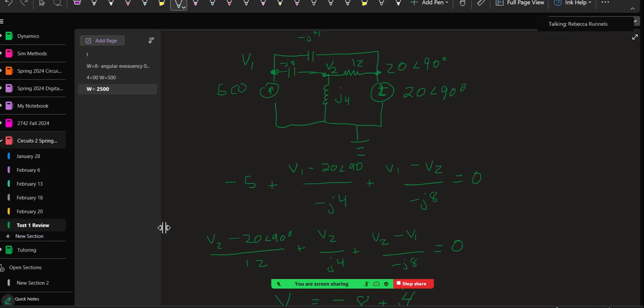Yeah, the current from the current source is going to be involved with the node that the current is going into. But you're not going to apply it to other nodes. I mean, if you know what the current is on any branch, you can use it, but we don't know the current in any other branch other than the one where the current source is labeled.